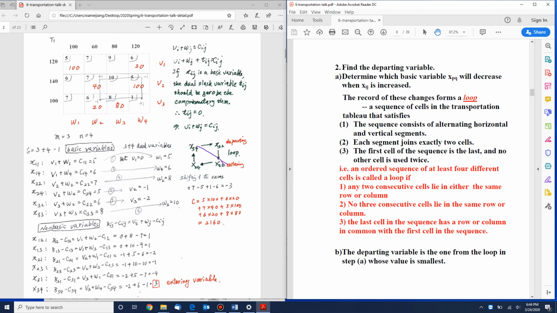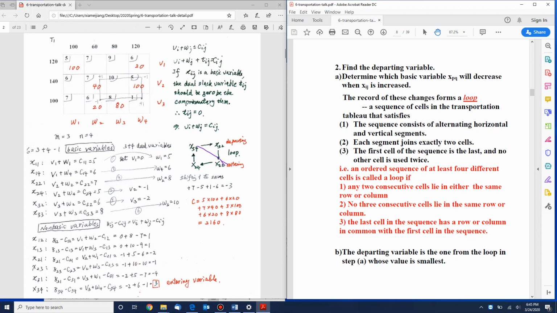Okay, so in this way we actually set up the loop from cell 3 4, cell 2 4, and cell 2 2, and cell 3 2. So here we make the loop like I start with x3 4. x3 4 goes to x3 2 and goes to x2 2 and goes to x2 4 and back to x3 4.